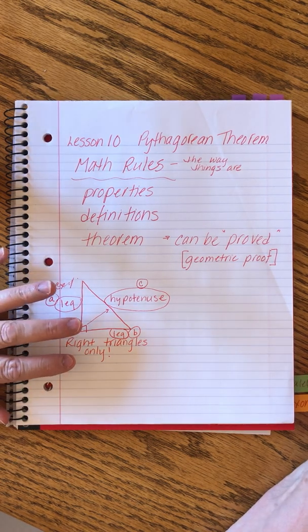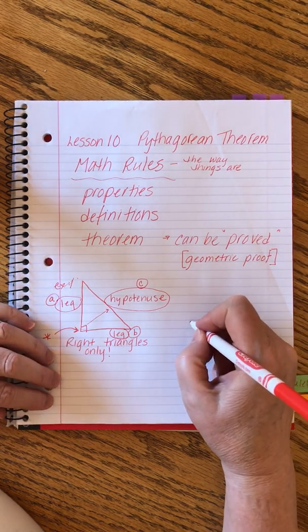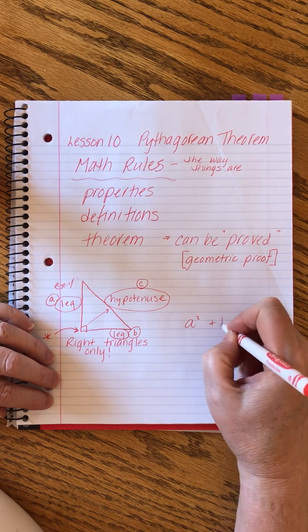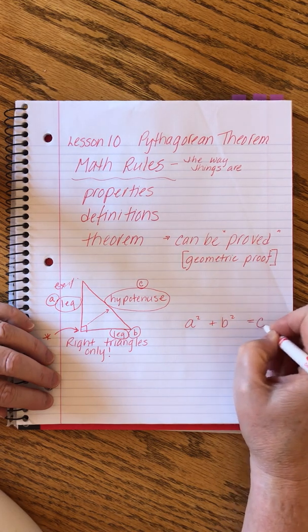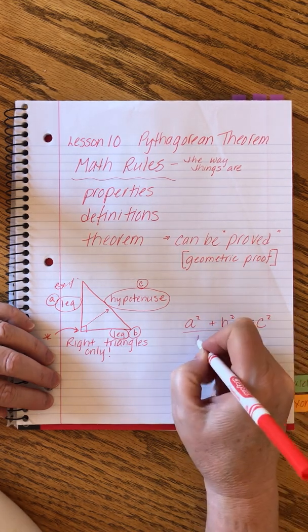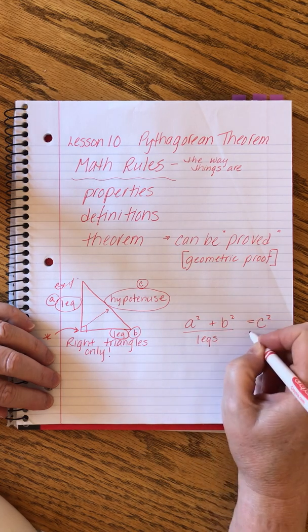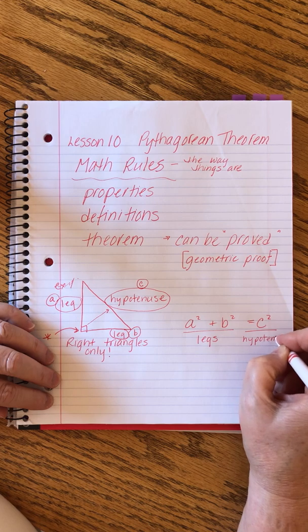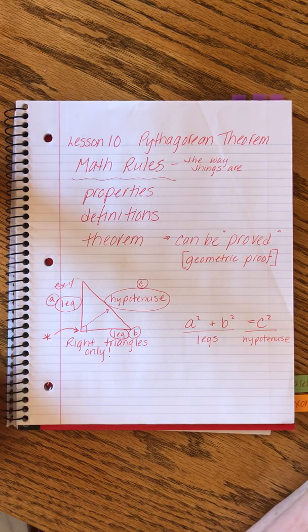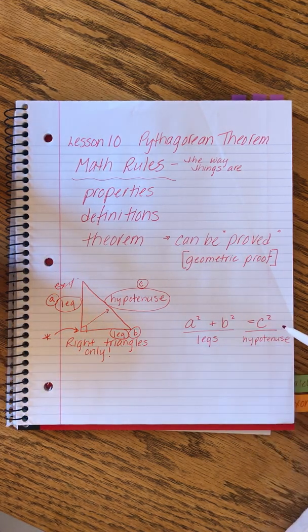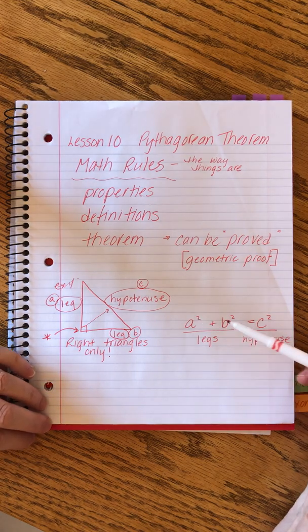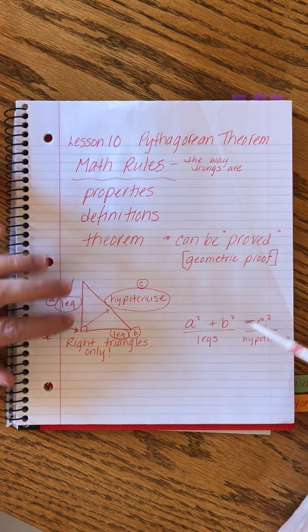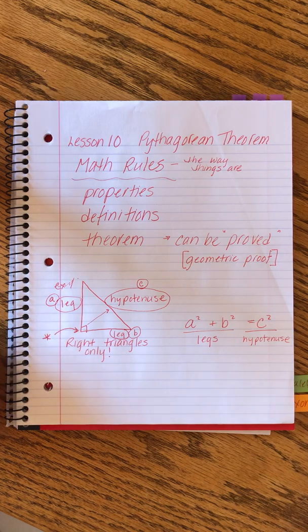The Pythagorean theorem itself is that, I like to memorize it in this form, where these two are the legs, and this is the hypotenuse. Cool, right? Simple, easy to remember, alphabetical order. We square each one of those sides and we add the two legs together and they'll equal the hypotenuse.